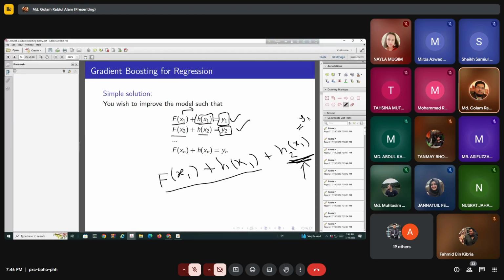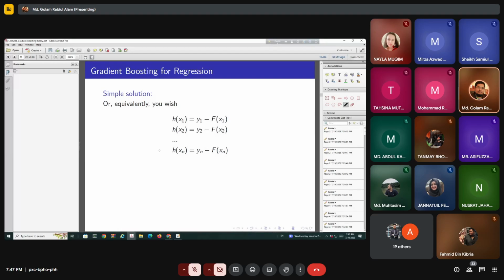In this way we can extend our model. To find the original result, we can add the results from F of x1, H of x1, H2 of x1, and so on, so those are in an additive manner. Now, finally, F of x1 plus H of x1 equals y1.